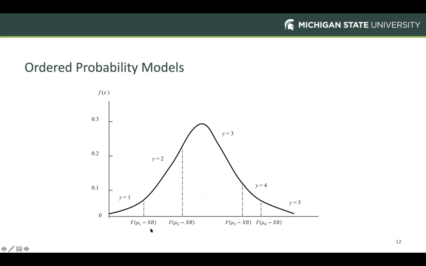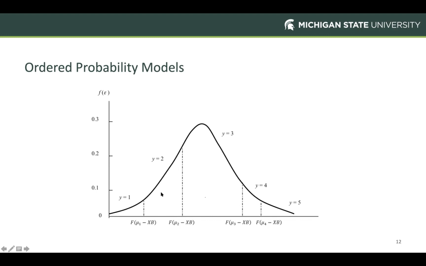In contrast, if we had a negative coefficient beta for any given parameter, that would have the opposite effect here. So we would be shifting the parameters in this direction to the right rather than to the left. And we would make the lowest ordered response more likely and the highest ordered response less likely as a consequence there, okay? Now, the probabilities in the interior categories is going to vary quite a bit.